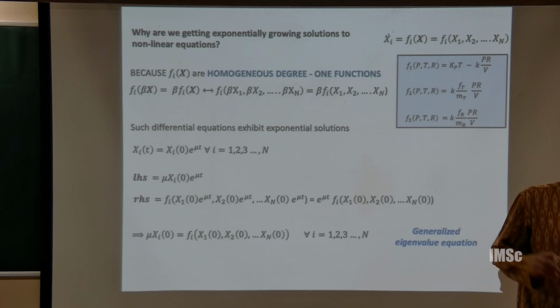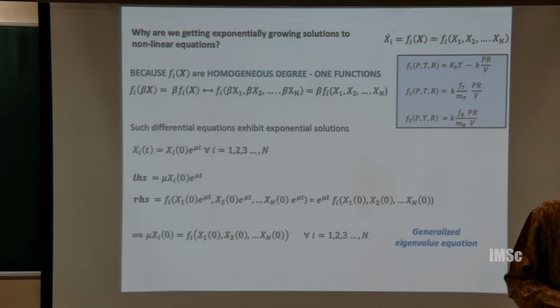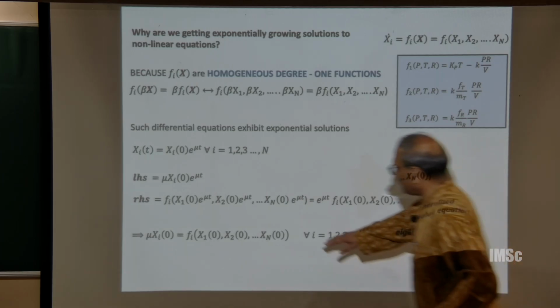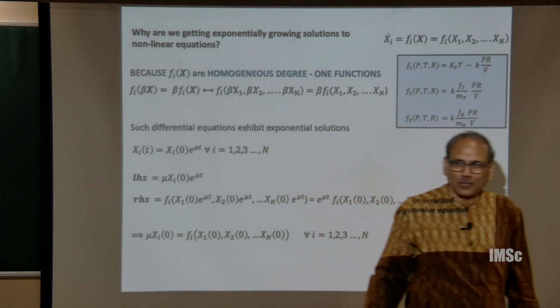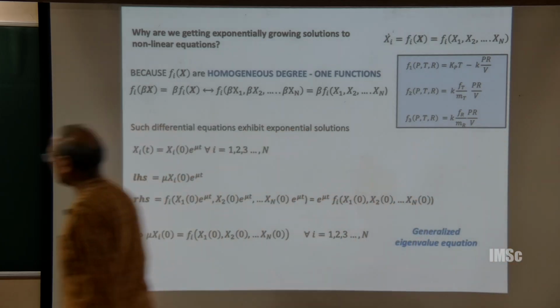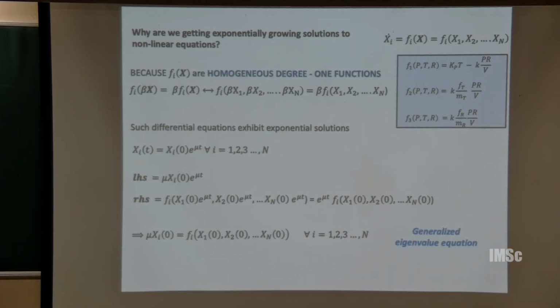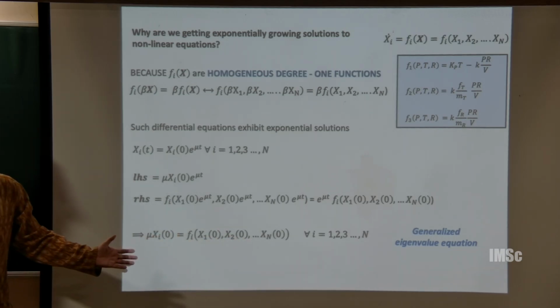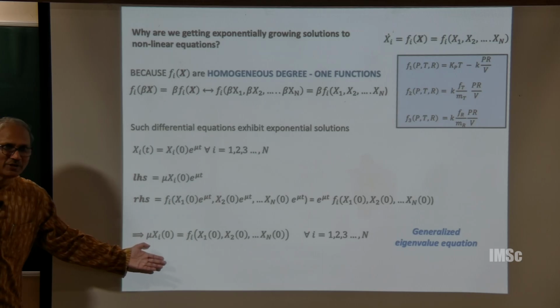Okay, it's not that you are guaranteed a solution. You are guaranteed a solution provided this condition turns out to be true. Okay, so that's the conclusion. And this condition is time independent. This is a set of algebraic equations.